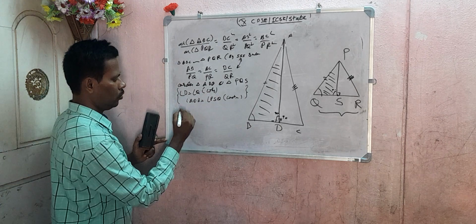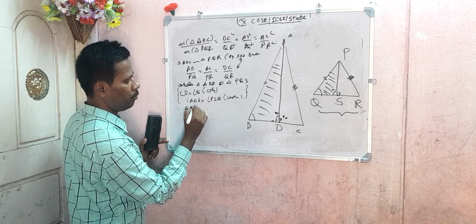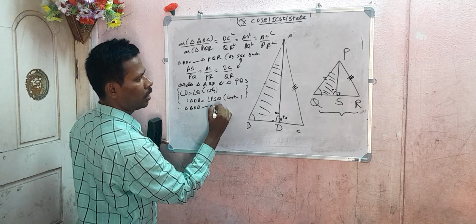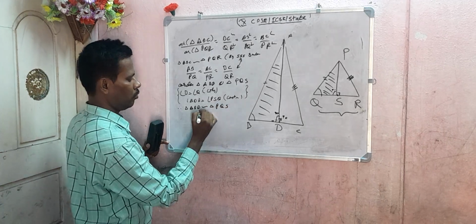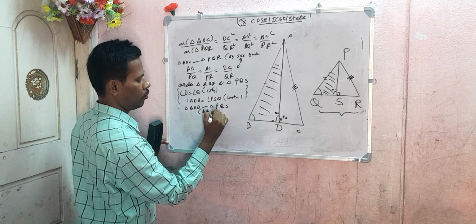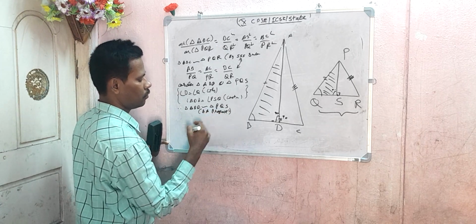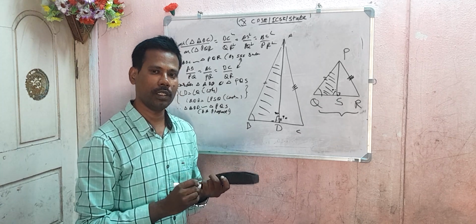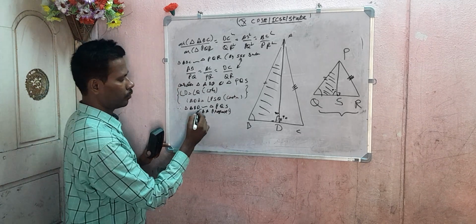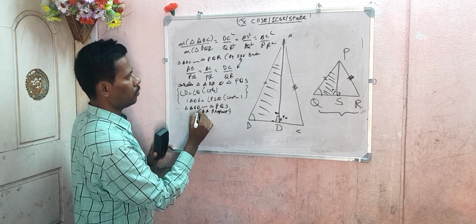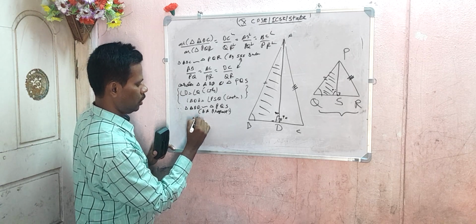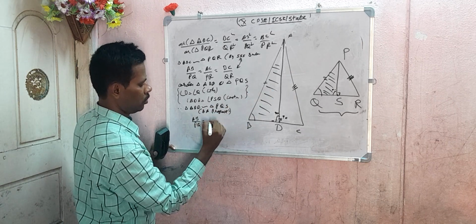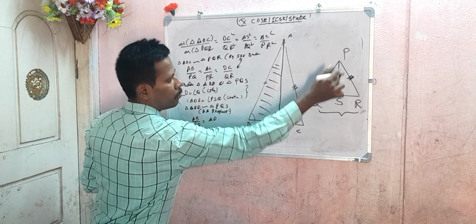Right? So therefore triangle ABD is similar to triangle PQS because if two angles are equal, then the triangles are similar, as obviously the third angle is equal. Now, what can you write from this? AB by PQ is equal to AD by PS.